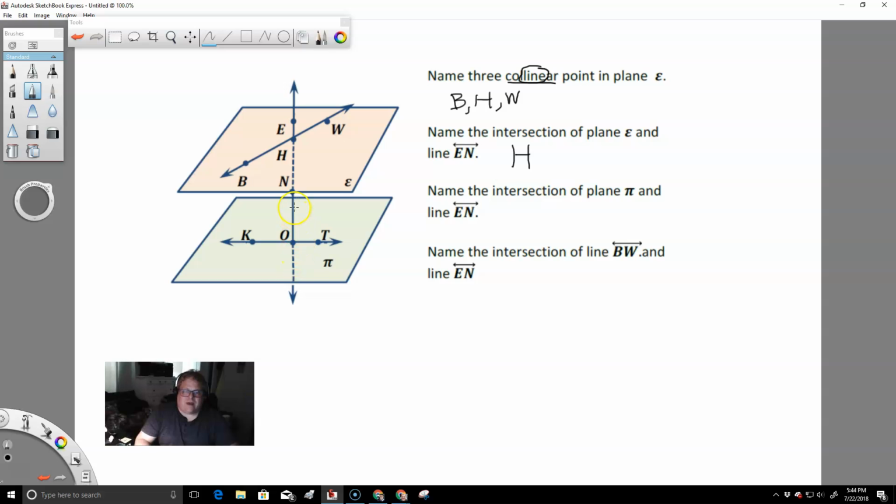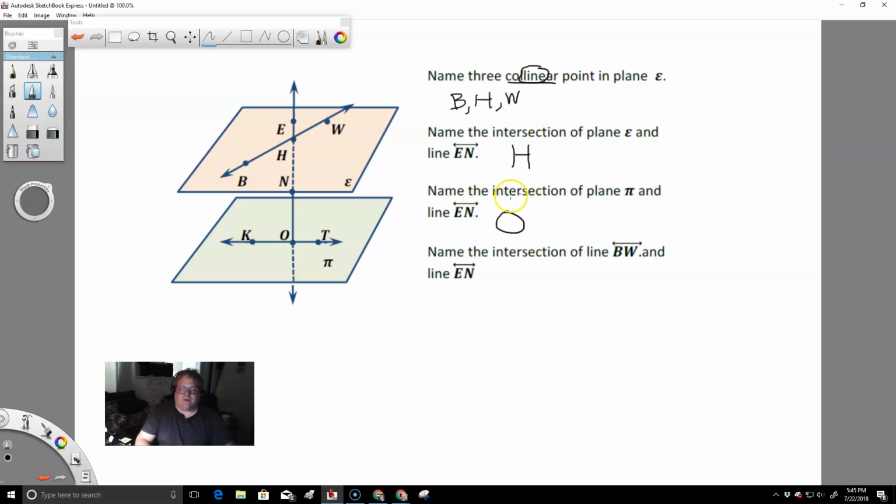Well, EN is still the same line we were working with, so it is passing on through here. So the wooden dowel, if we go back to the model, can you see it? Yeah, the wooden dowel is passing through the point O.